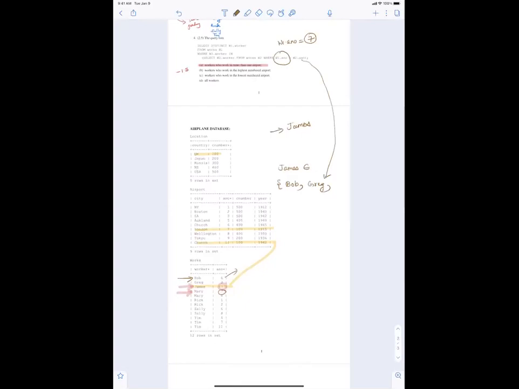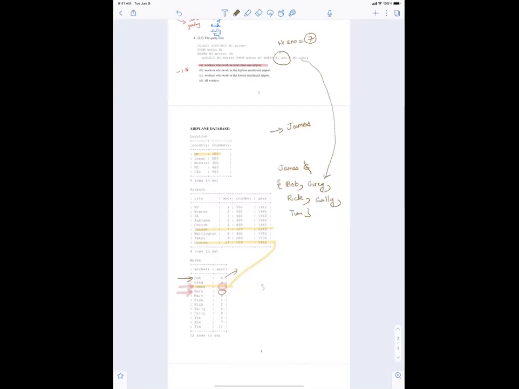Rick, yes, Rick will appear. Sally will appear. Tim will appear here. So when you go through the first line, if I'm going with James, James is not an element of this one. I see James's name is not appearing on that one.